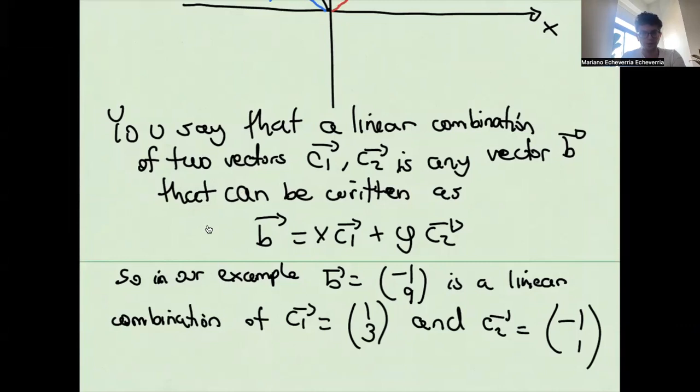Okay, and then let's see. A linear combination of three vectors would occur using the same idea. So what's a linear combination of three vectors?